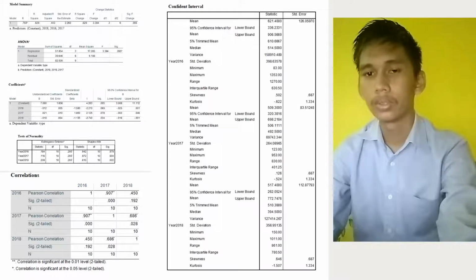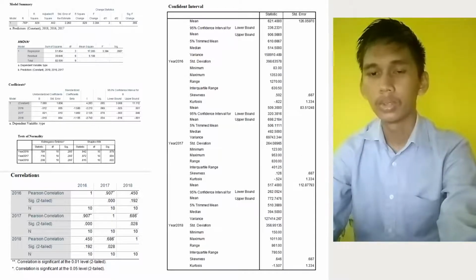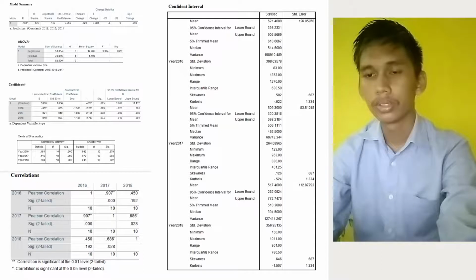For 2018, the 95% confidence interval is between 262.0524 to 772.7476.